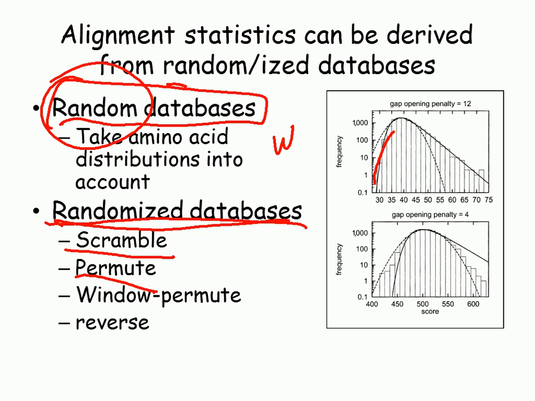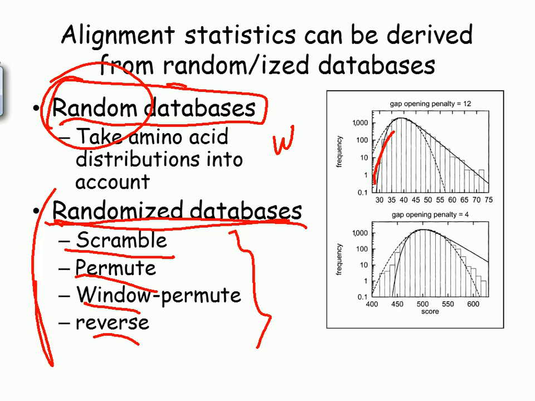You can permute it based on windows, or you can reverse the entire sequence or portions of the sequence. So using these operations, you can take an existing real sequence and generate a randomized database.